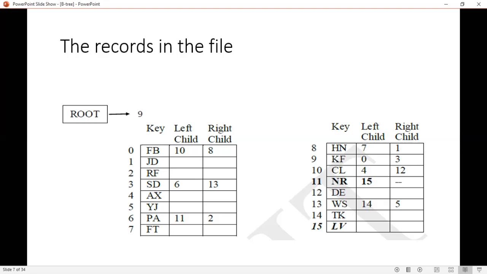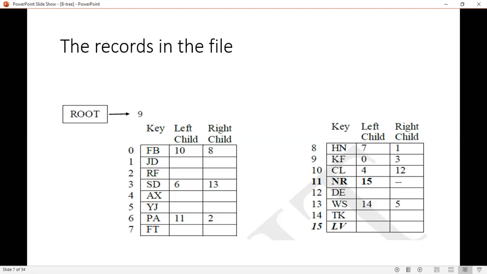That means there are no child nodes, so it represents a leaf node. In a similar way you can identify all the leaf nodes from this table: RF, AX, YJ, FT. All these are leaf nodes.